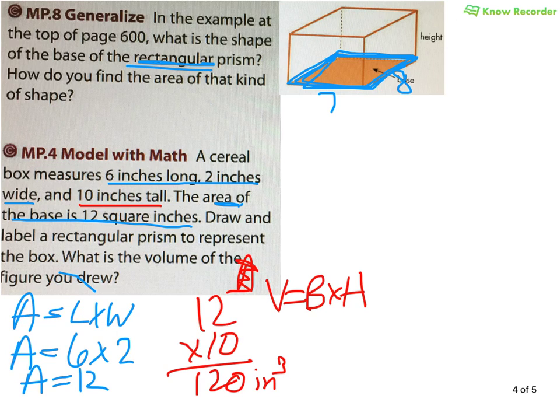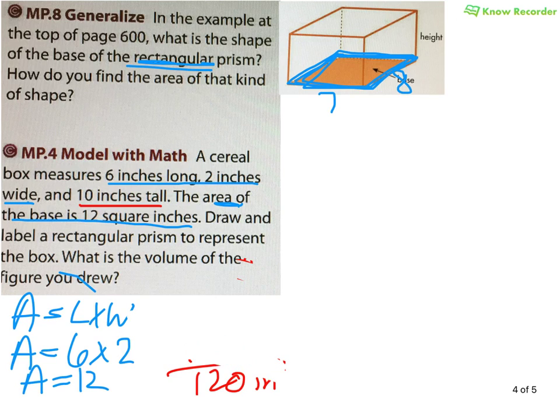Also, if I was responsible for drawing this picture, I need to look at the numbers they gave me. So they gave me a 6, a 2, and a 10. Well, 10's the largest number, so it better be the largest looking. And they said it's 10 high, so I'm going to draw a really long line. 6 inches long, so make sure that's long, and then 2 inches wide, so I'll draw that.